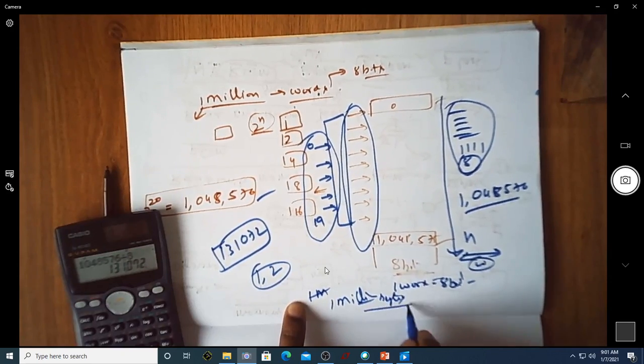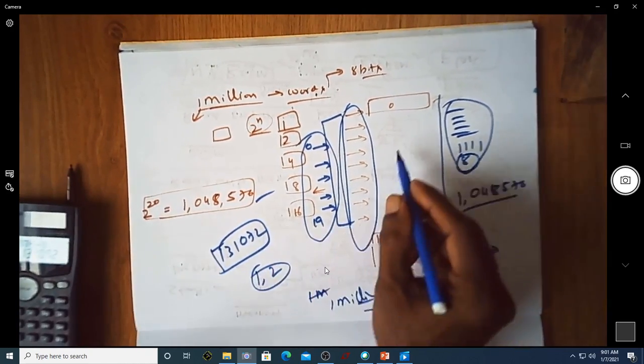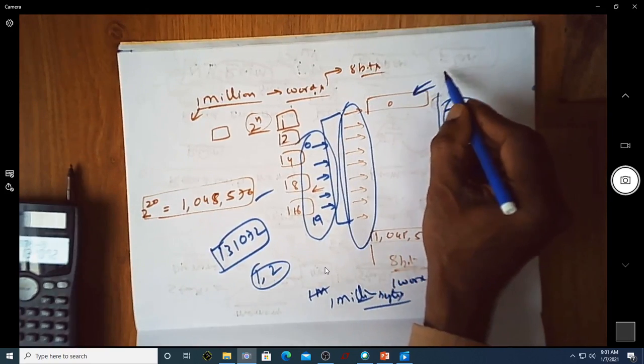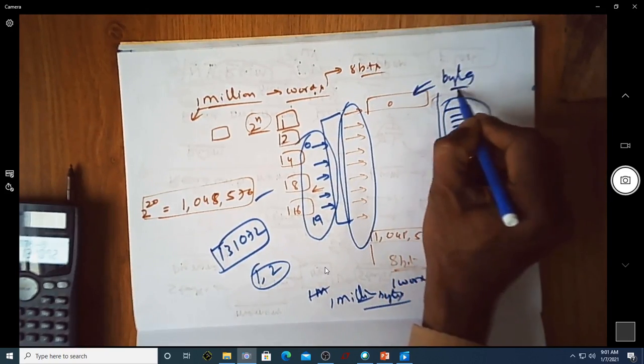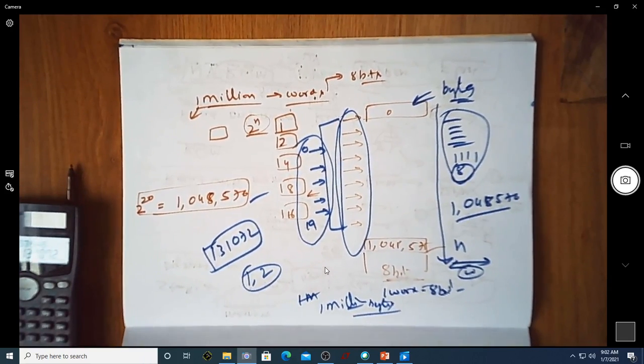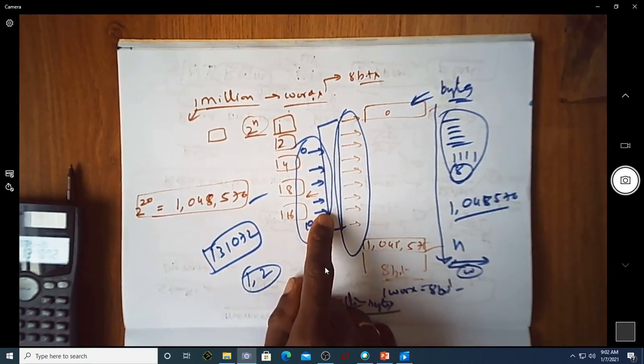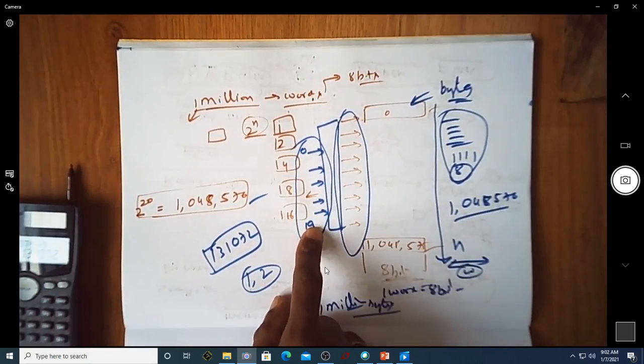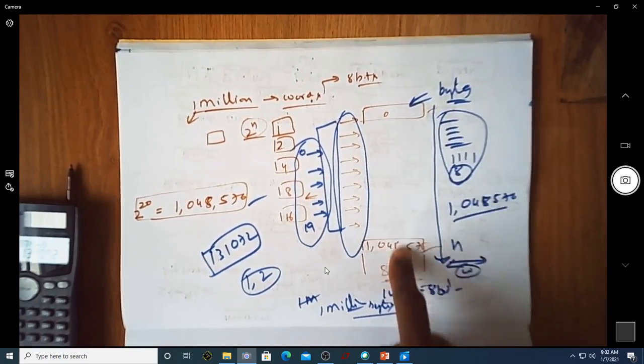It is called bytes because each word is 8 bits, which corresponds to a byte. Let us see in the next video how we can reduce the aspect ratio of this type of memory. This decoder certainly reduces the number of address lines, but it does not reduce the aspect ratio.